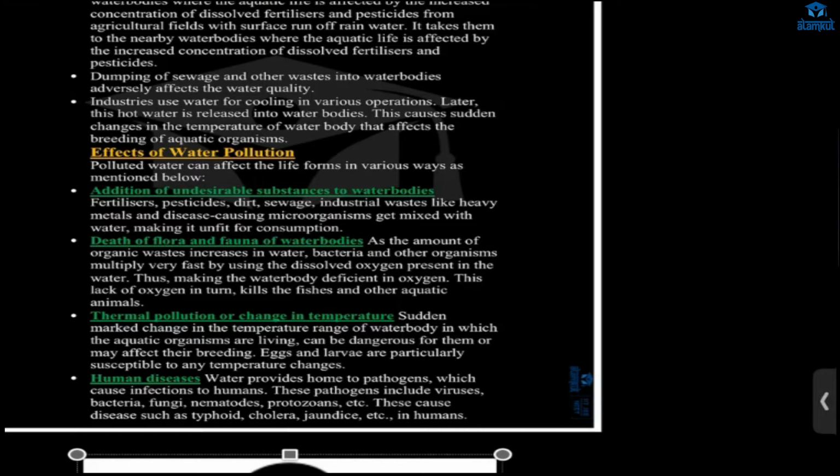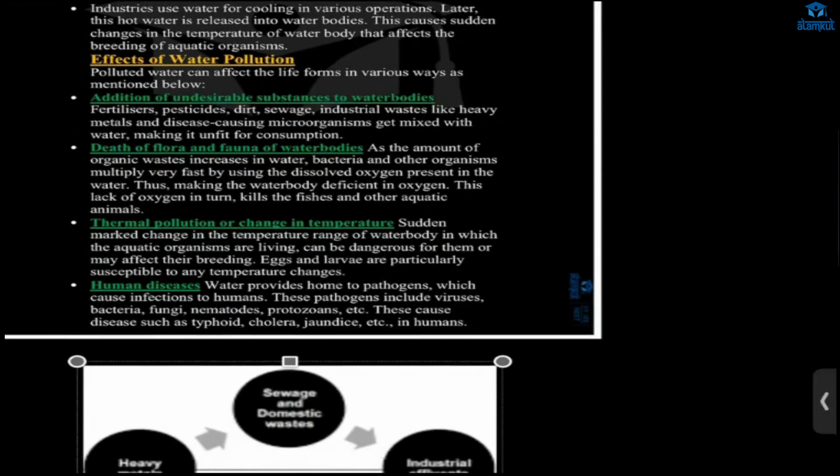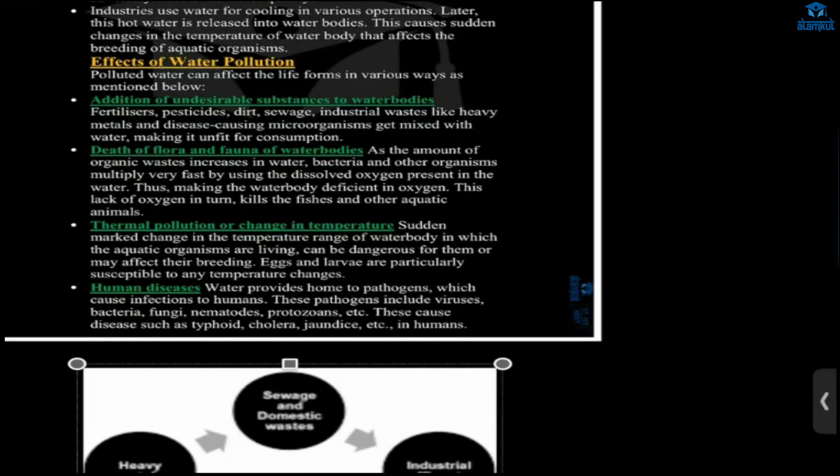So the oxygen will become deficient, okay. And because there will be lack of oxygen, so fishes, they cannot breathe and they will be getting killed. And it will cause thermal pollution also, the change in temperature, and they will cause human diseases.